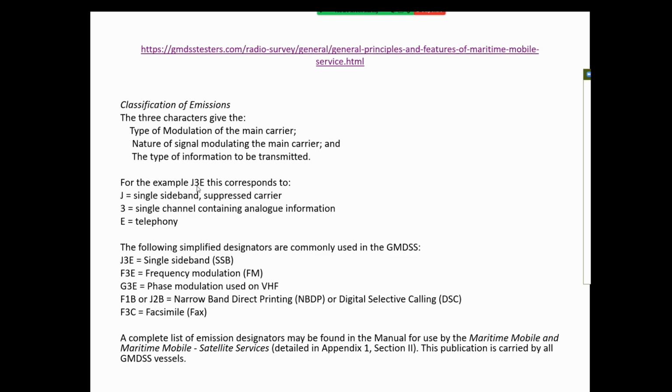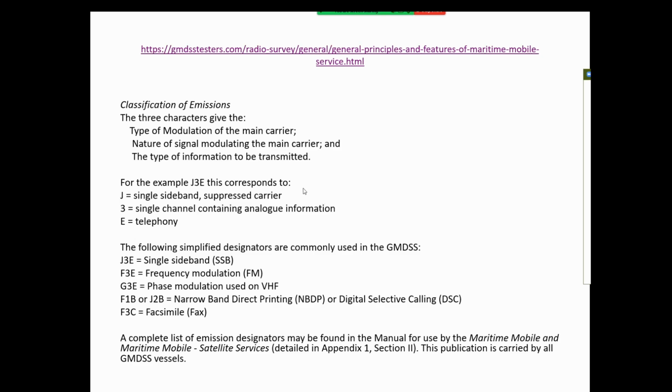The 3 as part of the J3E indicates a single channel containing analog information. I think 1 and 2 are either a single channel containing digital information, and maybe 2 is a double channel containing digital. 3 is the single channel containing analog.